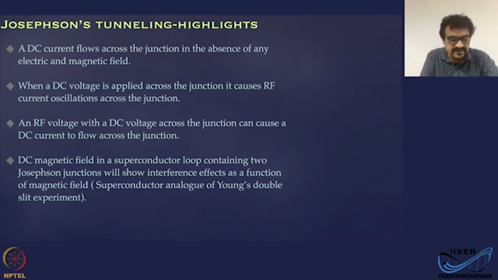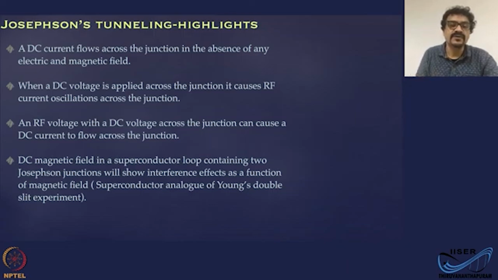The next one is when you apply DC voltage across the junction, it actually causes an RF voltage or RF current oscillations across the junction. So DC current when no voltage is applied, and AC current when a DC voltage is applied. Okay.